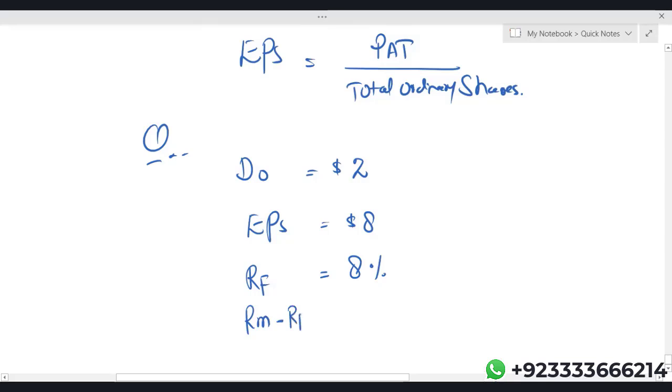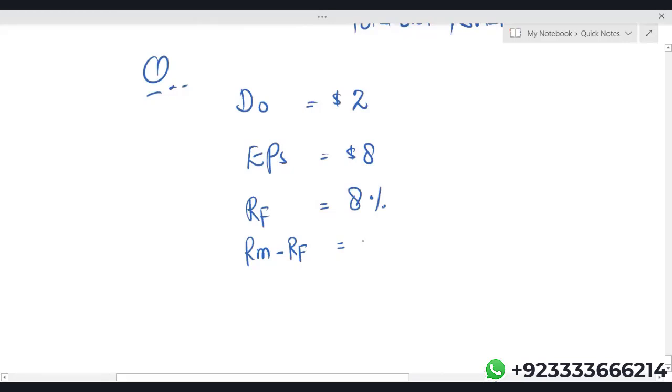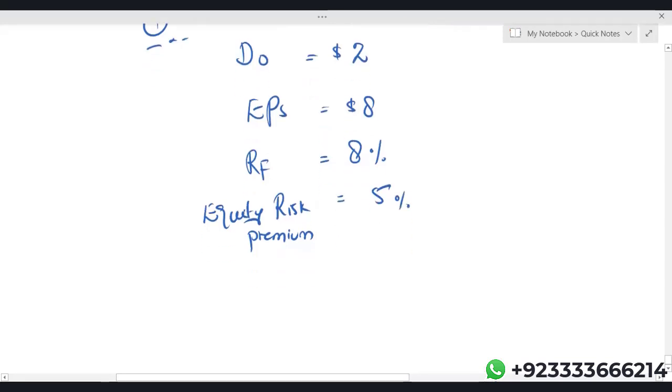RM minus RF, let me write another name, equity risk premium is 5%. Beta equity 1.25. I want everyone to calculate P naught.